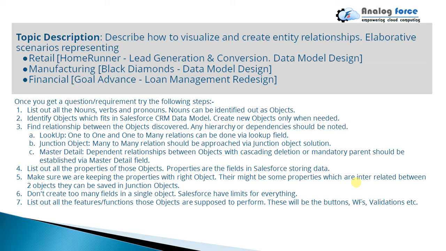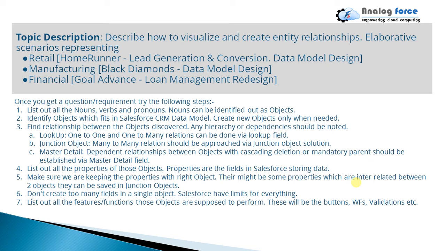There will always be a case in which a couple of objects will be related, one way or the other having some dependencies, existential dependencies, calculative dependencies, whatever. Whenever there is a one-to-one relationship or a one-to-many relationship, it can be easily fit in or created via a lookup field from the child object to the parent object.